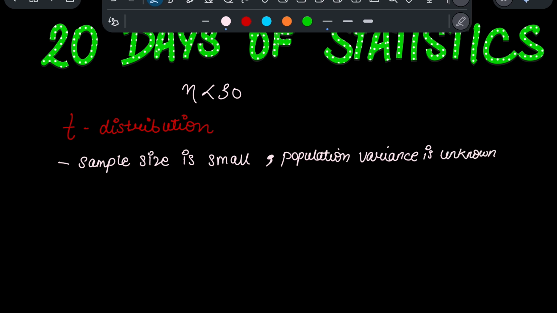The shape of the t distribution is similar to the normal distribution, but with heavier tails, that is, more probability in the extremes.